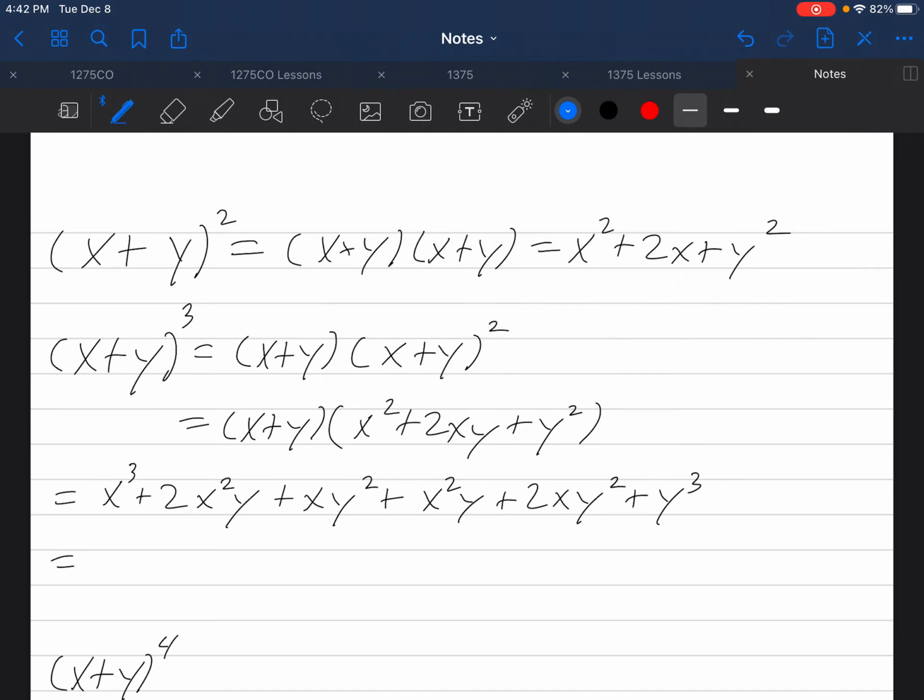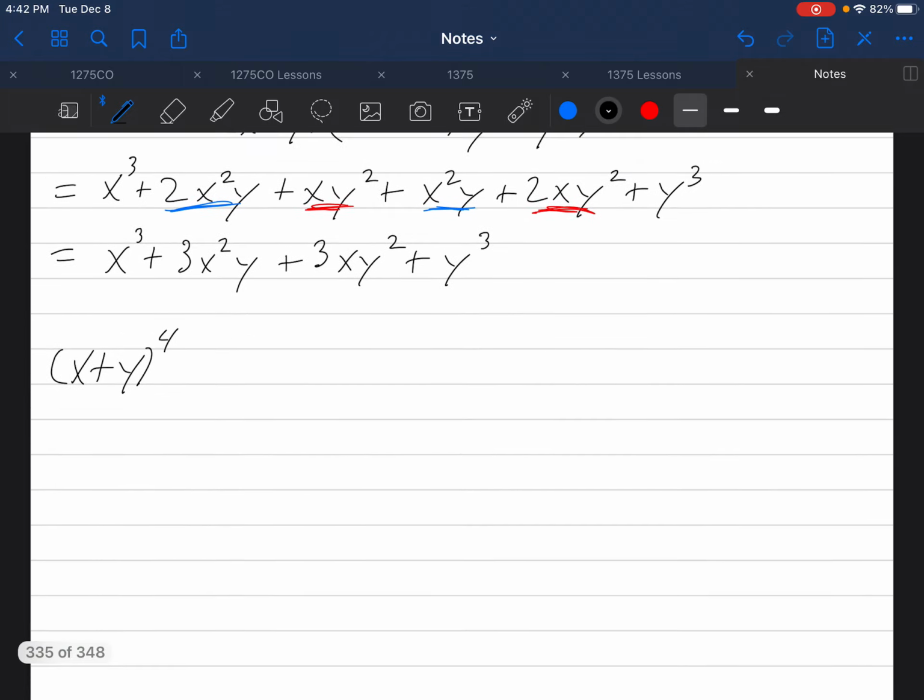It looks like x squared y and x squared y are like terms, and xy squared and xy squared. So the reds and the blues are going to match up together. X to the third plus 3x squared y plus 3xy squared plus y to the third power.